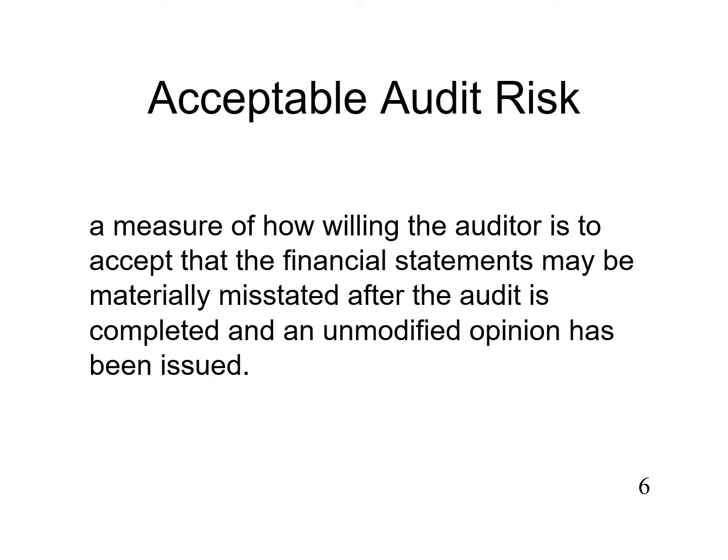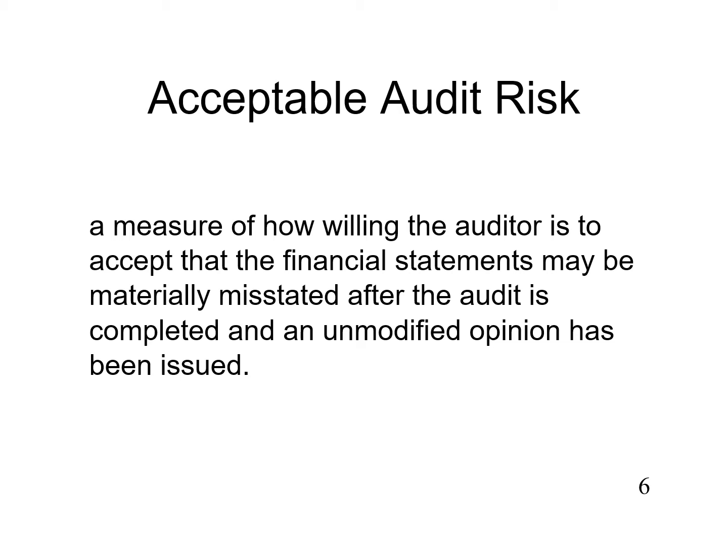Acceptable audit risk, on the other hand, is a measure of how willing the auditor is to accept that the financial statements may be materially misstated after the audit's completed and they've issued an unmodified opinion. Now, I'm going to focus more on the definition of audit risk, but I think it's worthwhile to talk about acceptable audit risk. The book includes it.